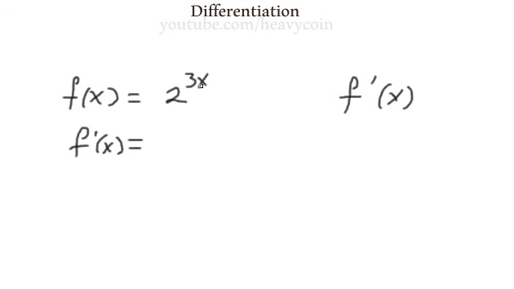We take the derivative of the exponent, the derivative of 3x is 3. We rewrite everything, except this time out here we're going to write the natural log of the base. So the natural log of 2. And we're done. Okay? So let's work some more of these so you can get the hang of it.